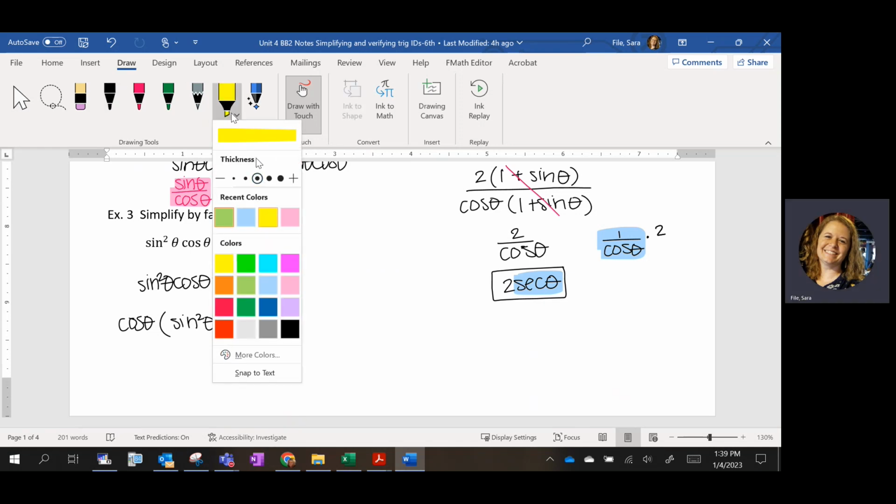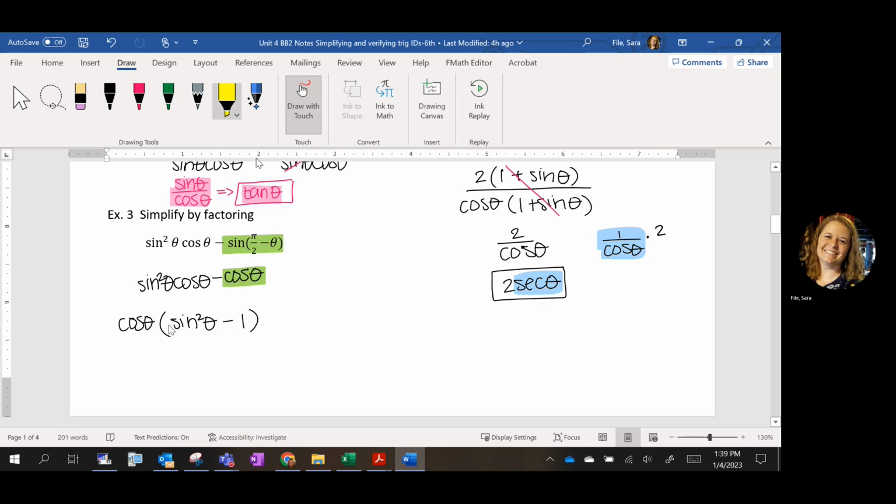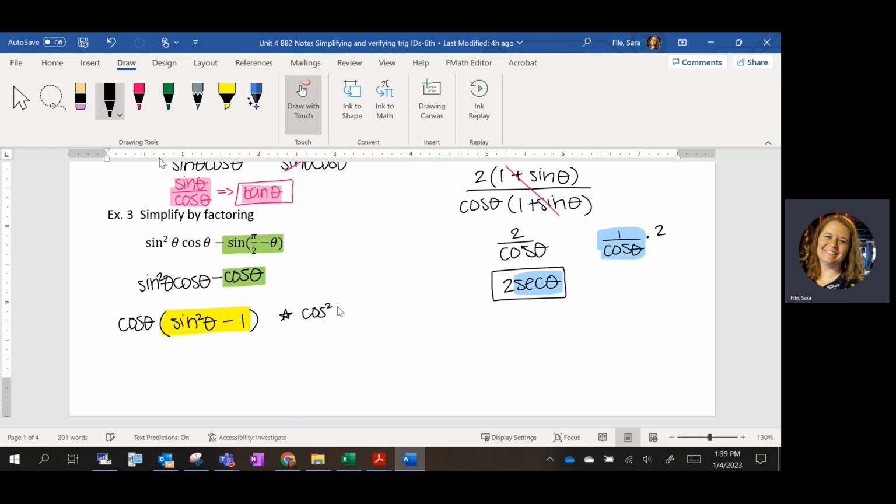Any bells going off yet? It's what? Very close. Let's think about it. Here is the original Pythagorean identity, the way that it's written. There's lots of ways to move things around here. Yeah, because the sine is positive and the 1 is negative, that means the 1 was subtracted over here.